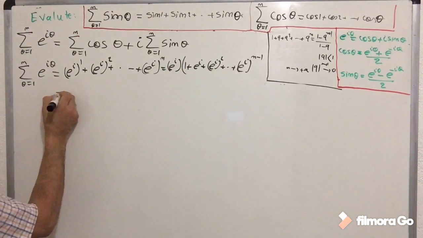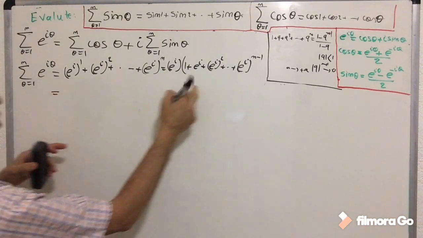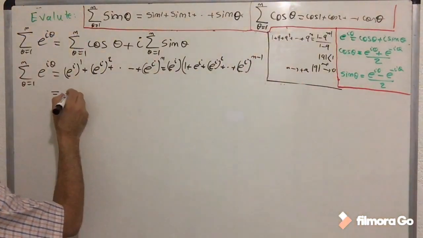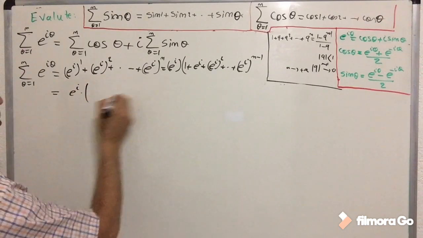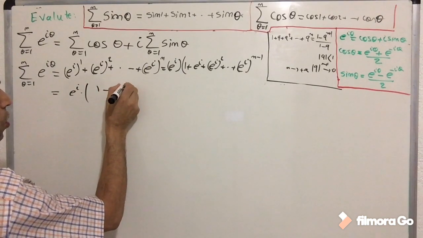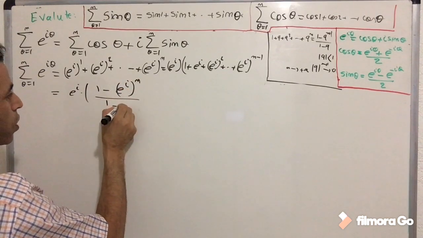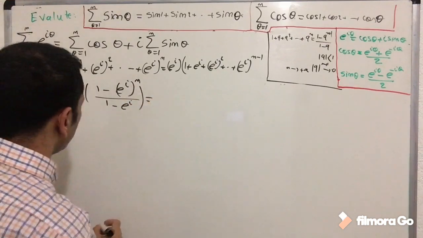So this one right away is a geometric series, as you see it here. So our exponential i, we're going to put it like this: exponential i times 1 minus exponential i n over 1 minus exponential i, as you see here.